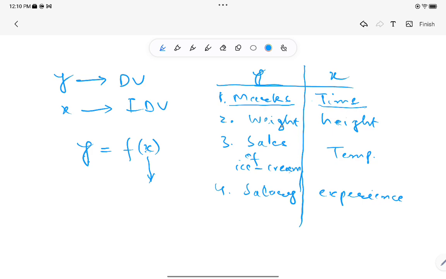Similarly, the weight of a person depends upon the height of that person, but it is not necessary that if height increases, weight will increase. Sales of ice cream depend upon temperature, but also on many other things. All these examples involve something more than what I want in this lecture.